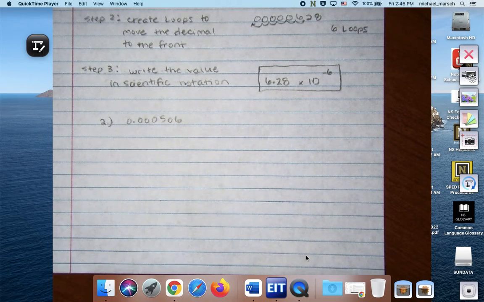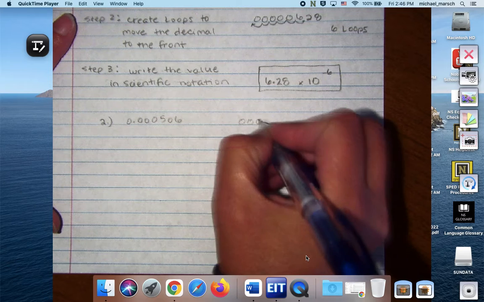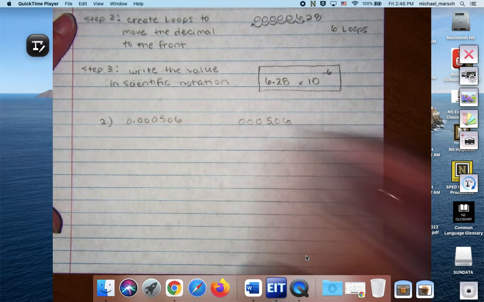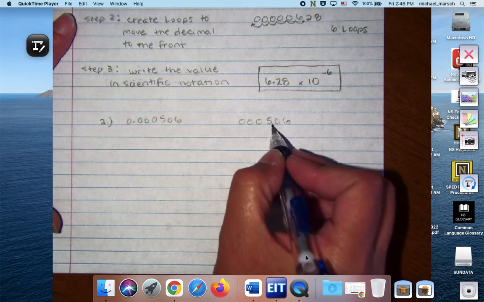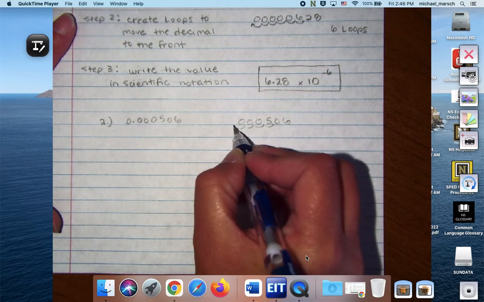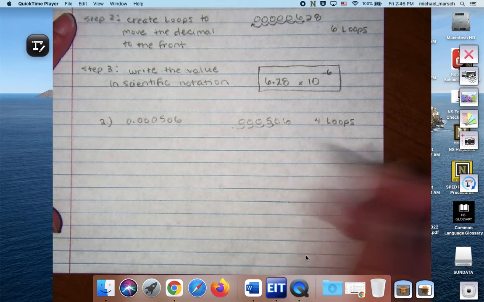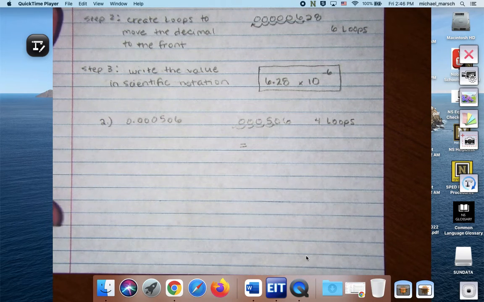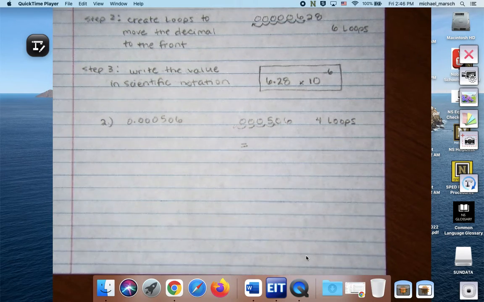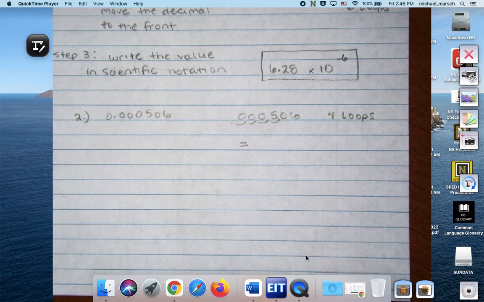Okay, so where's my decimal going to go? Before or after the 5? After the 5. And then I'm going to count my loops. Nia, are you writing any of this down? Yeah.